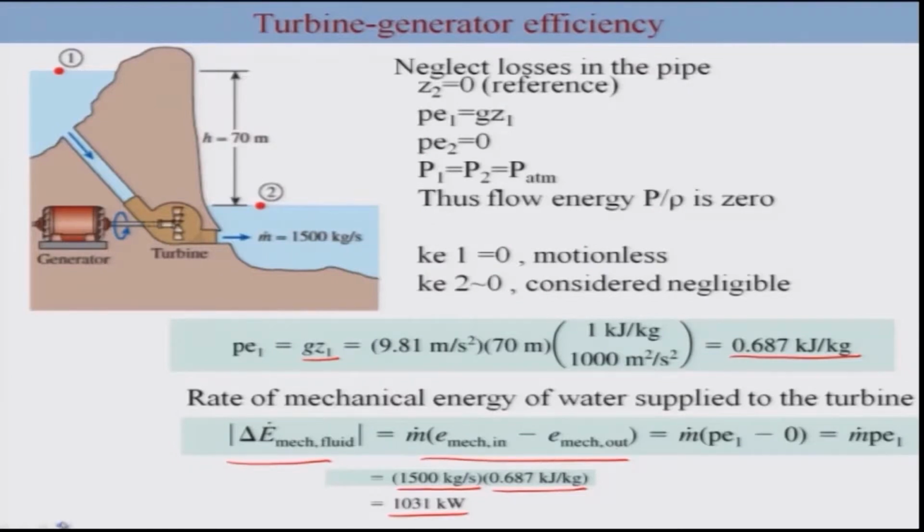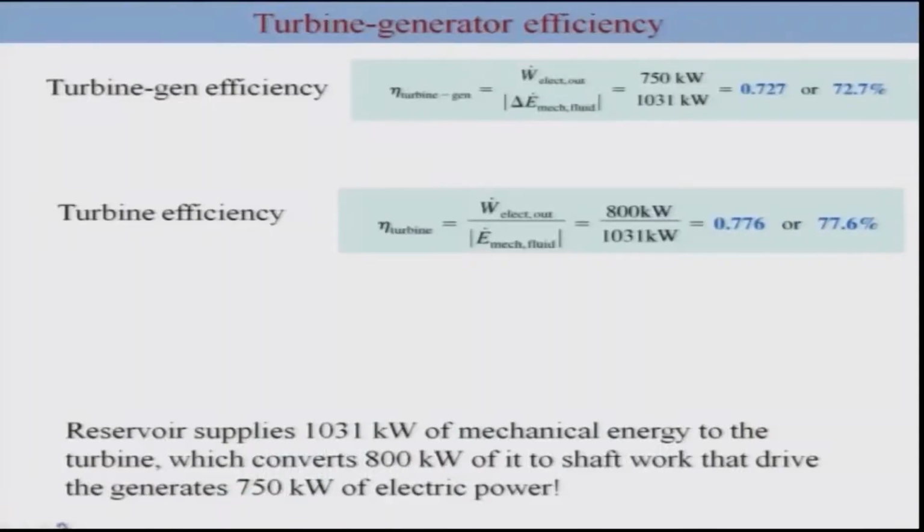Okay, so now once you have this information, how do you calculate your thermal efficiency? You can directly use the expression of what we have gone through. Thermal efficiency of the turbine generator combination would be simply the electrical work output from the generator divided by the change in the mechanical energy of the fluid. That would be the combined effect of turbine and generator. So that turns out to be 72.7%. What about the turbine?